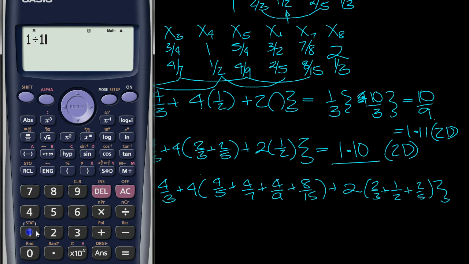1 divided by 12 times bracket 4/3 plus 4 times bracket 4/5 plus 4/7 plus 4/9 plus 8/15.